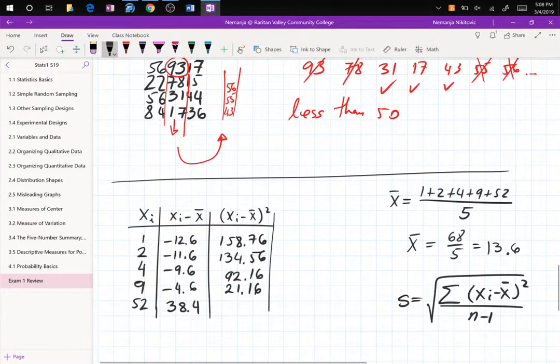And finally 38.4 squared is 1,474.56. All right, so now we add all of these.